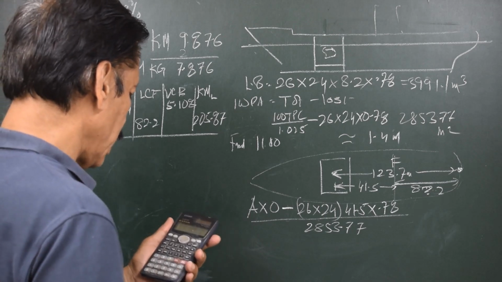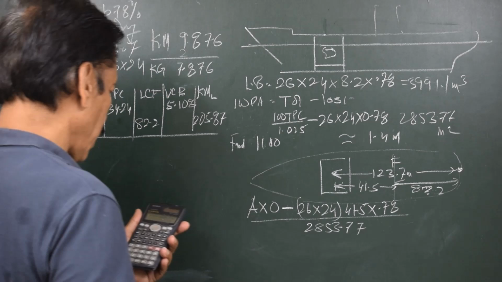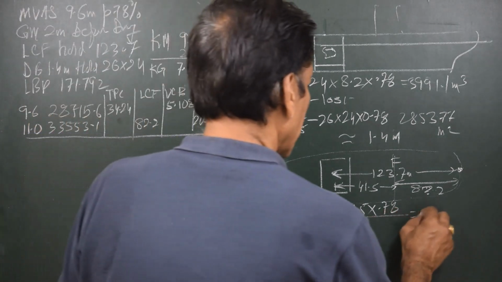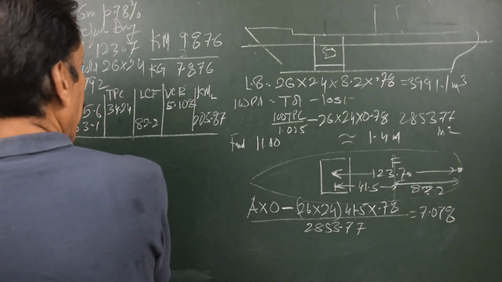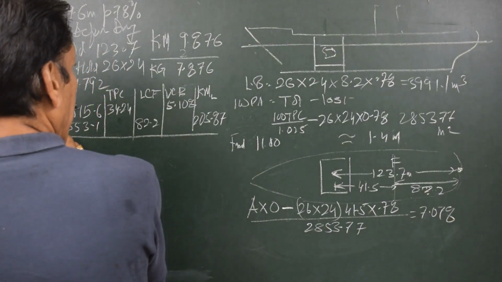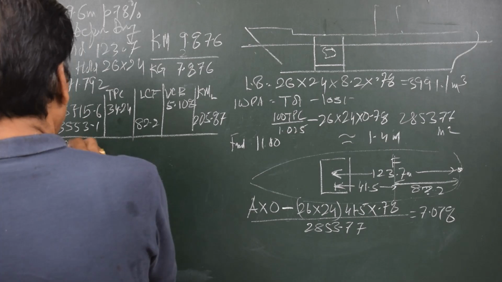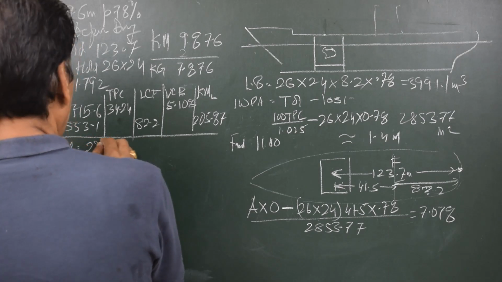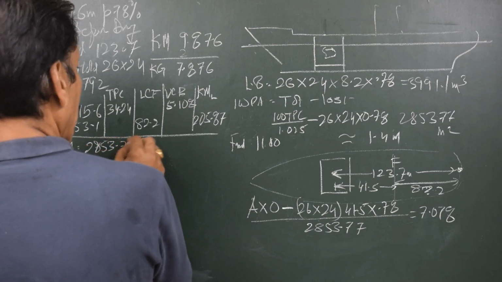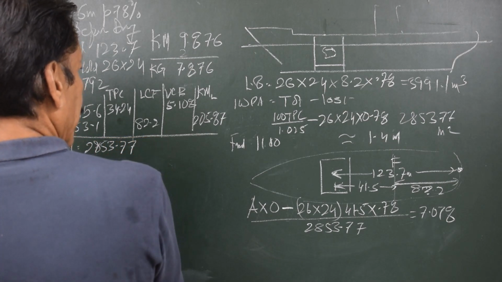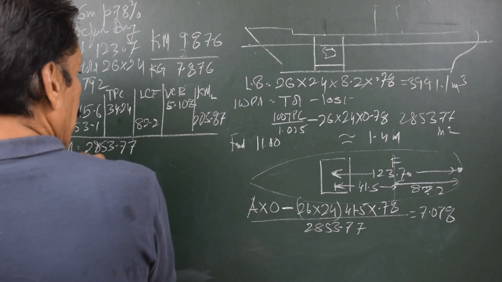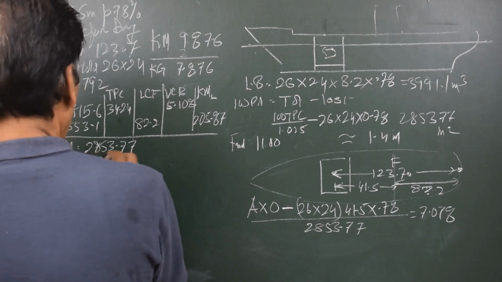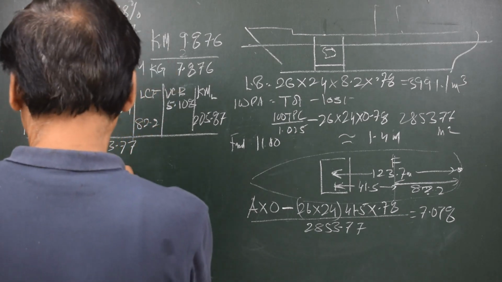That gives me 7.078. We'll keep writing the details here. The intact water plane area is equal to 2853.77, and FF1 is equal to 7.078.